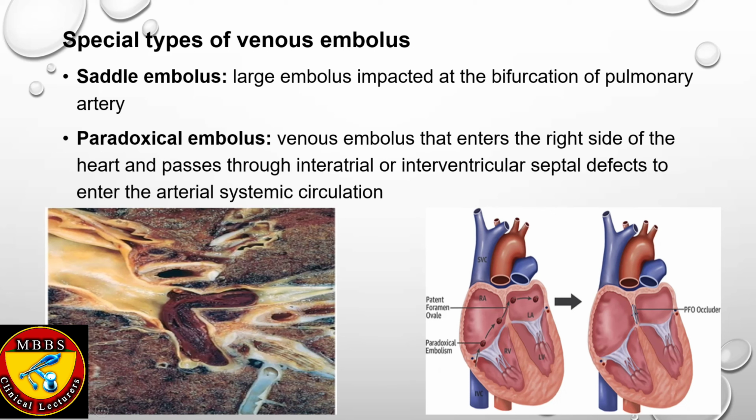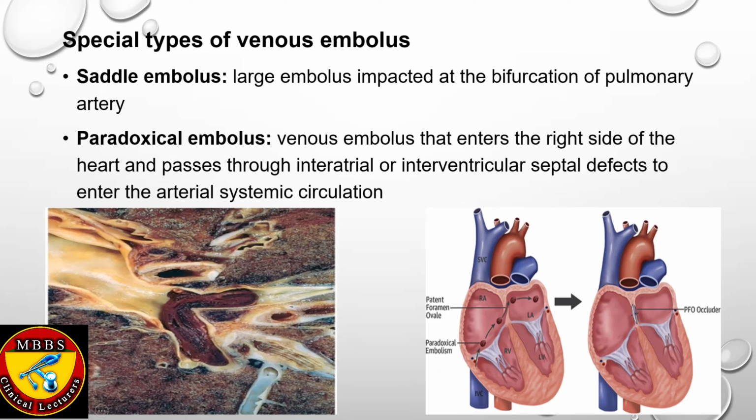And what do you mean by paradoxical embolus? The venous embolus that enters the right side of the heart and passes through, important, see, interatrial or interventricular septal defects. You have heard about them, right? So you can see this is the right side of the heart and the left side of the heart.